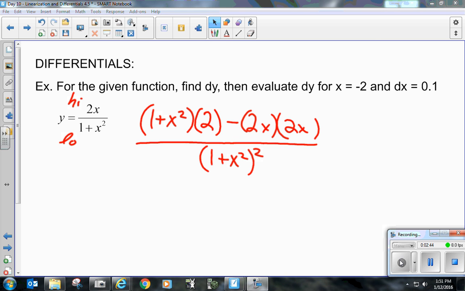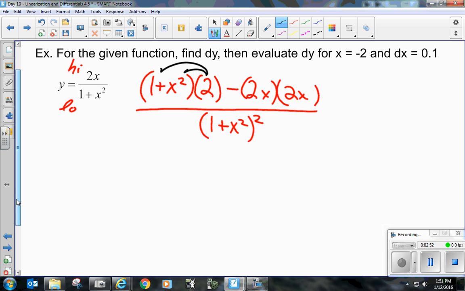Let's just clean up the top. So, okay, I'm going to distribute this. So what do I have to start? 2 plus 2x squared, okay, minus, what is 2x times 2x? 4x squared.